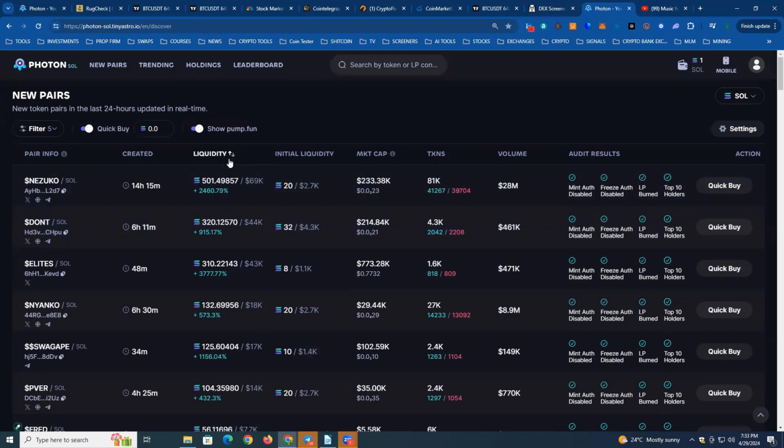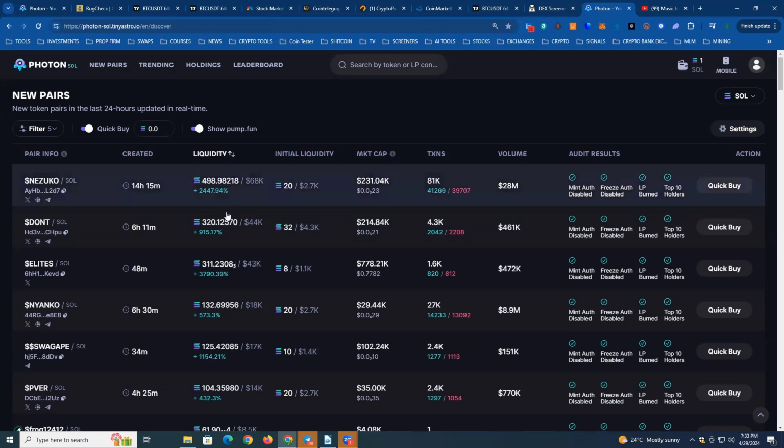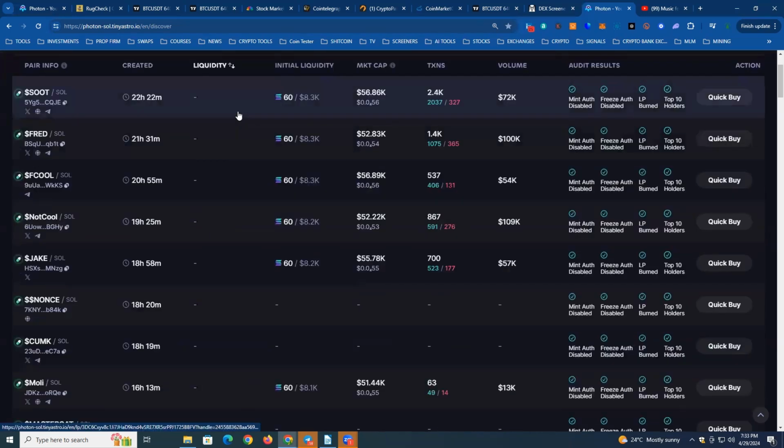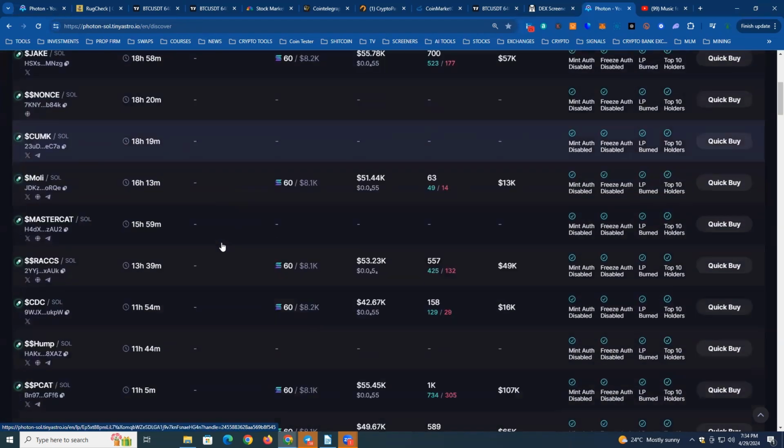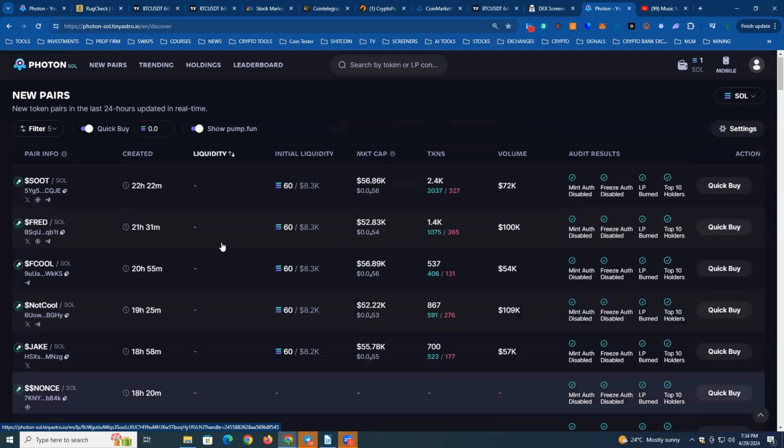See the little white arrow next to the word liquidity. Those coins with the most liquidity moving through at this particular juncture will come to the front. If you were to click it again, you'll notice the arrow goes down, and you will see that those will be the coins that have no liquidity.